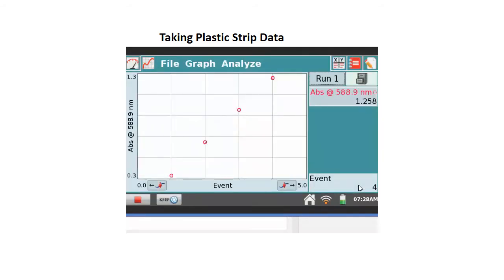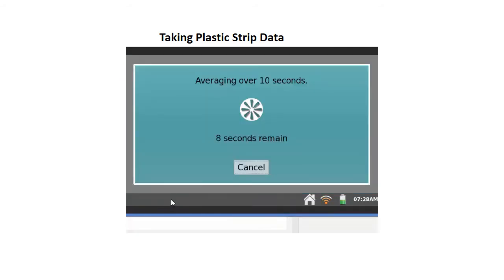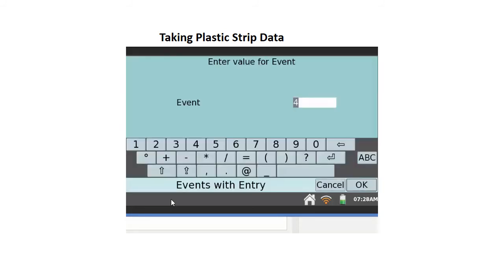And then we'll go ahead and put in a 5th one. And we're going to go ahead and tell it to keep the 5th one as well. It'll average them over 10 seconds. And I want to tell it that that's going to be 5 strips inside of there. So I tell it OK.